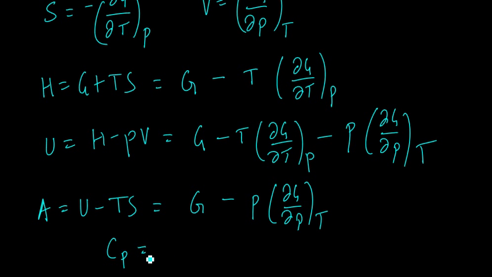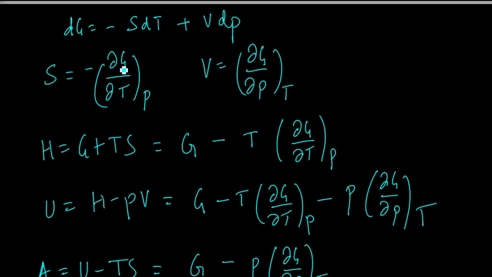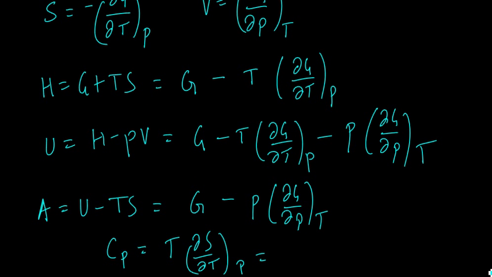That was Cp by T. Also, if you remember, in the last lecture we saw Cp by T was equal to del S by del T at constant pressure.